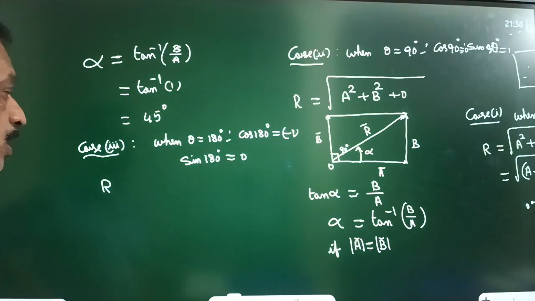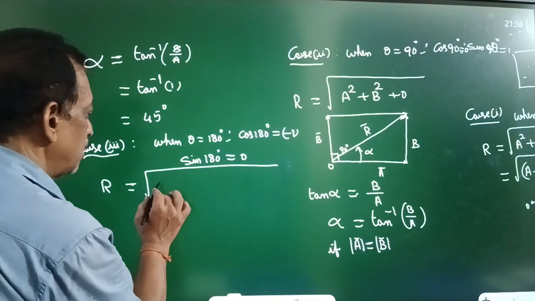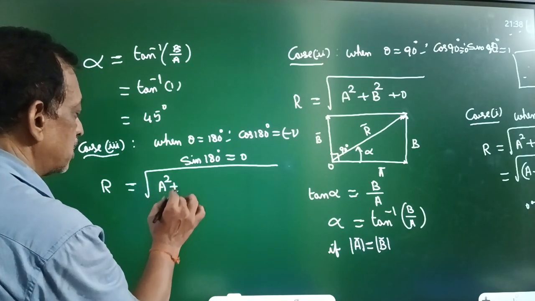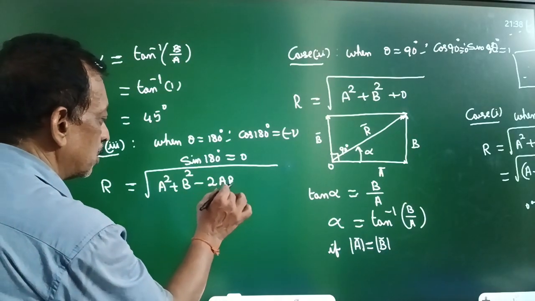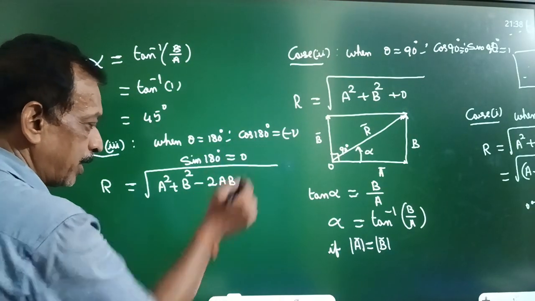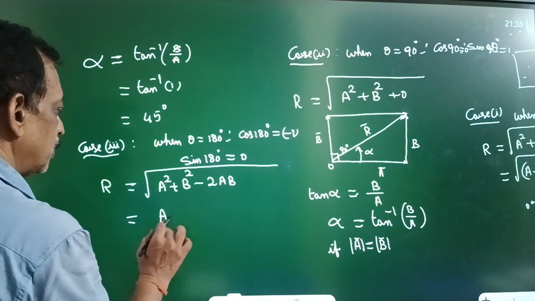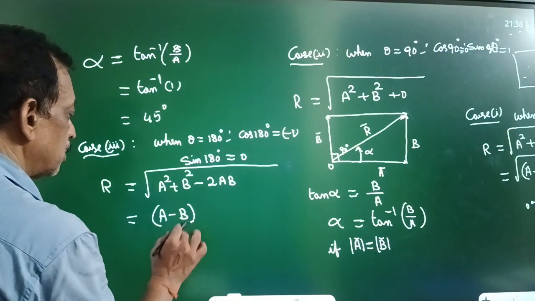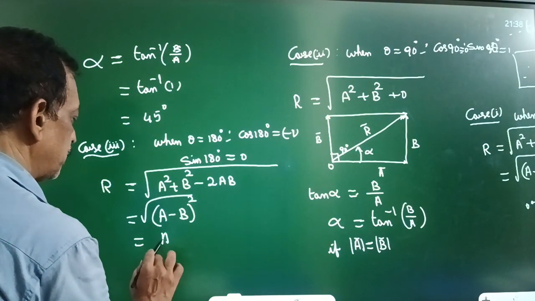Then the magnitude of resultant R is the same thing, right? Square root of A square plus B square minus 2AB. Because I'm writing cos 180, I'm directly writing. So this is going to give you the square root of A minus B whole square, so that is going to be A minus B.